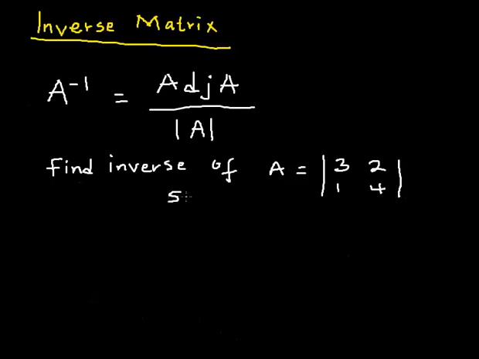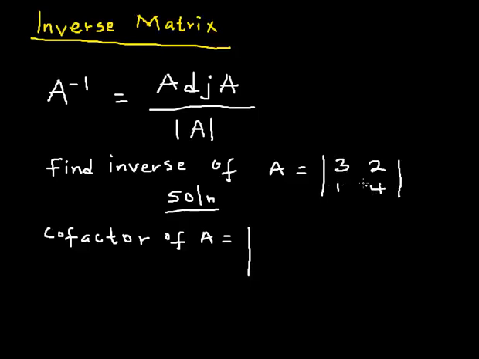Solution. Of course, the very first thing you have to do is find the cofactor. Looking for the cofactor of a 2 by 2 matrix is very easy. So the cofactor of A is going to be equal to the place value of their minor.